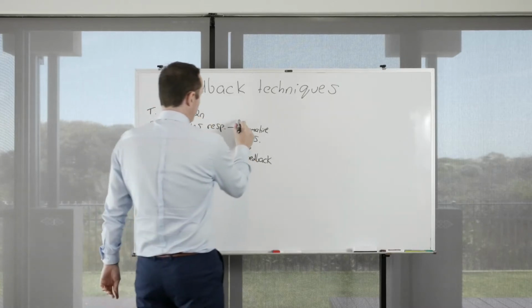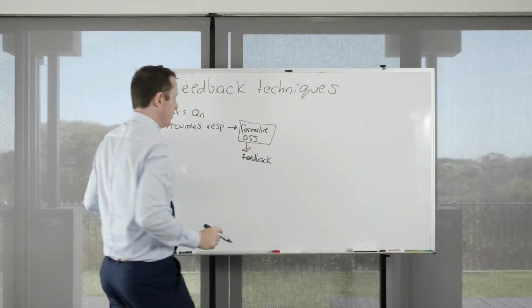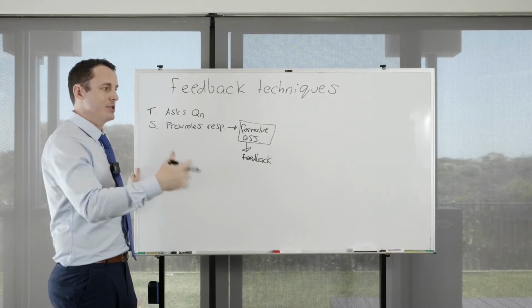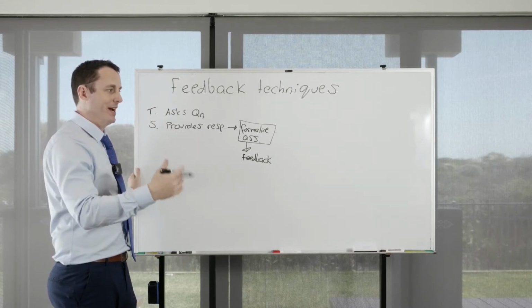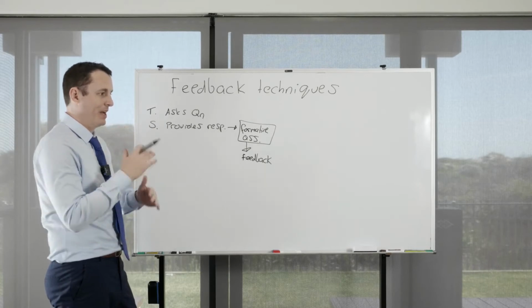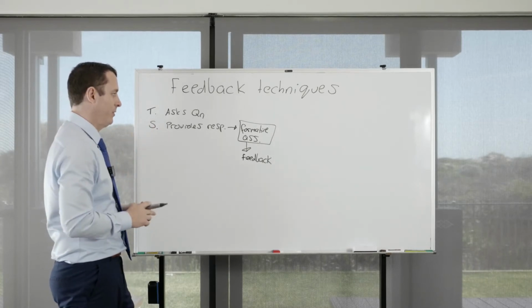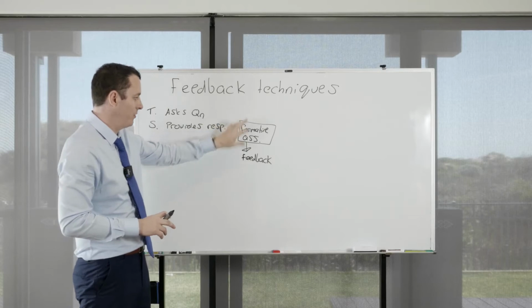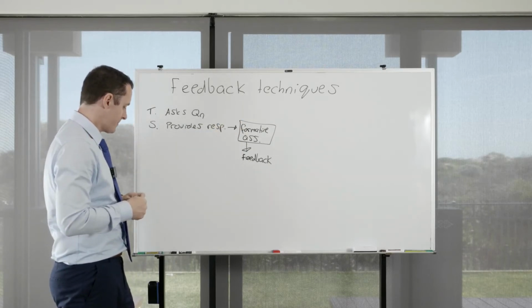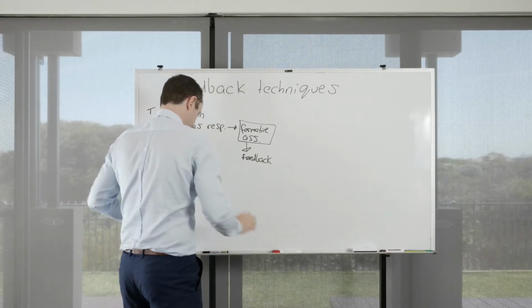So that formative assessment, by the way, is based on the goals of the lesson or where you think that student should be at in regards to that particular activity or topic or level of difficulty or whatnot that they're working at. So you're making a judgment call there, and then you're providing some type of feedback.